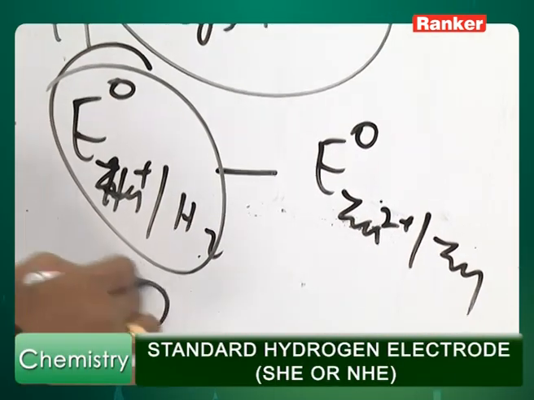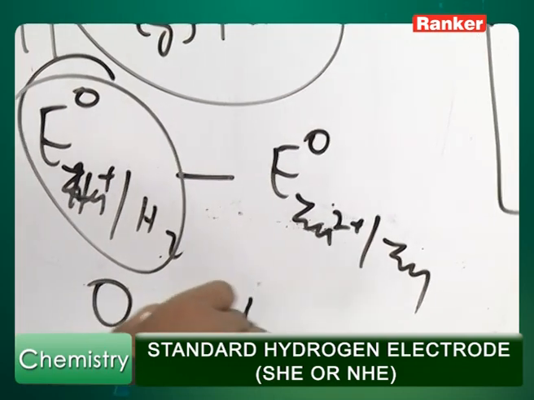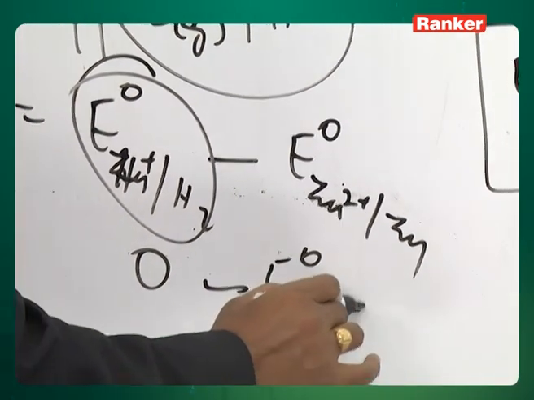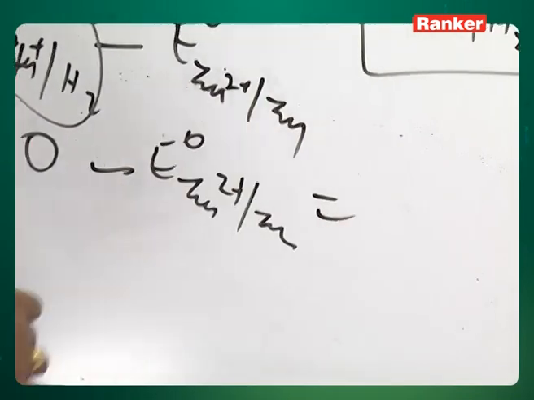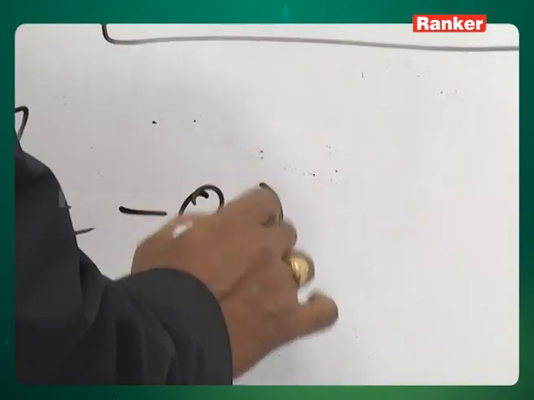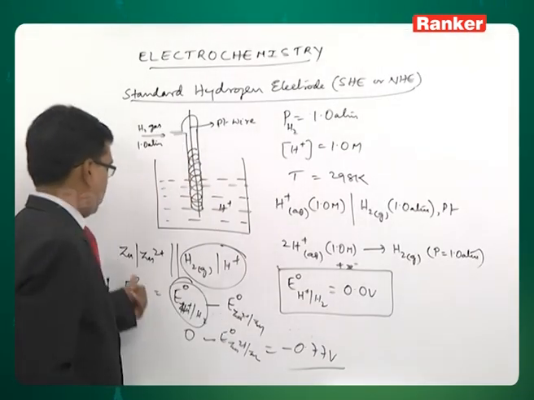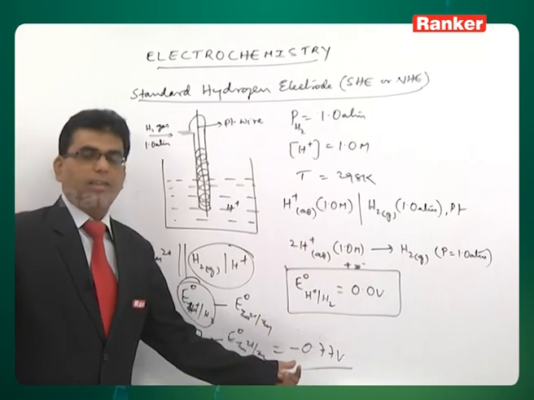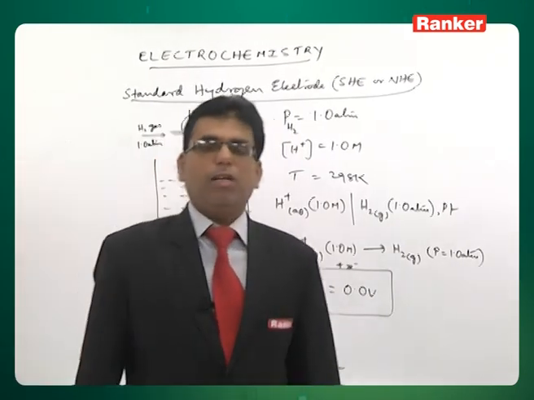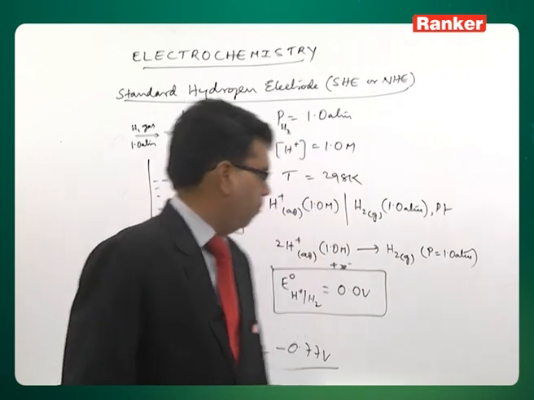This value is 0, so whatever you measure, that is E naught Zn2 plus by Zn, which is measured as minus 0.77 volts. So whatever E naught value we are getting is nothing but the E naught value for the zinc electrode.